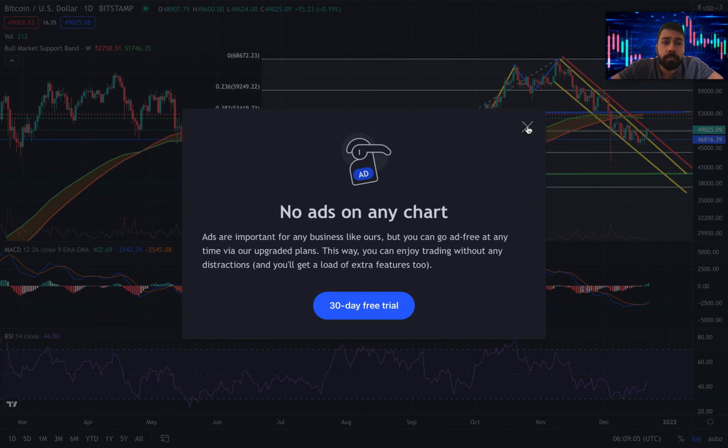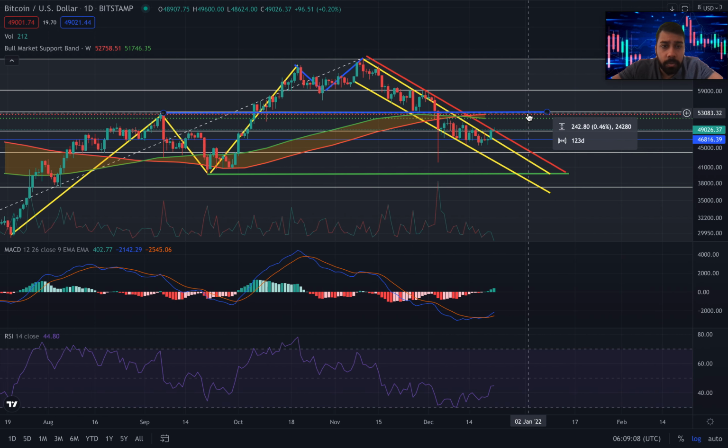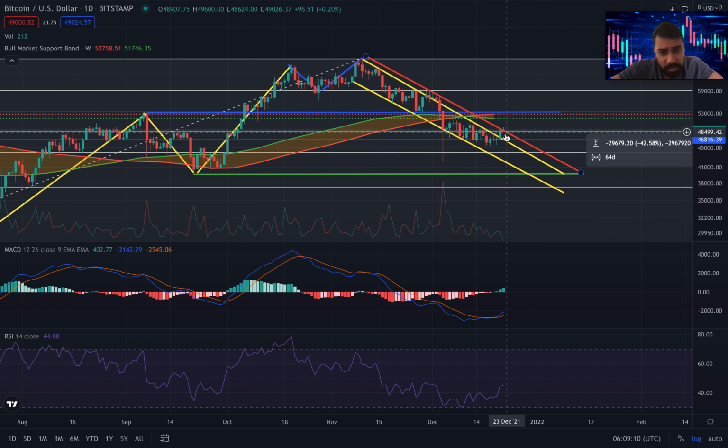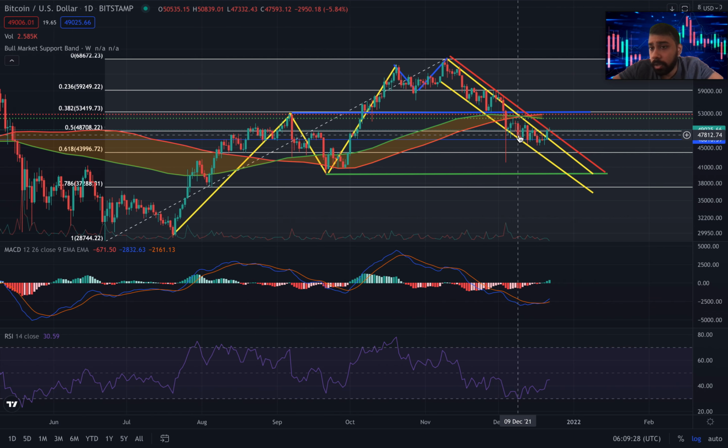Okay. So looking at Bitcoin right now, we have just broken past the second. We are definitely out of the first falling wedge, right? This massive falling wedge. So if we close this candle above this red line, which is, let's say, 48,800, right?